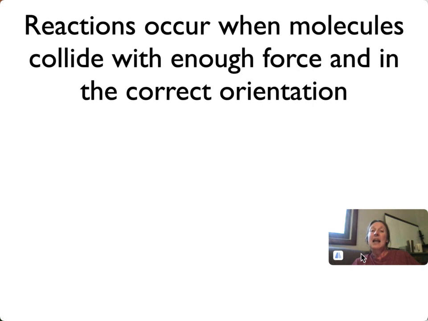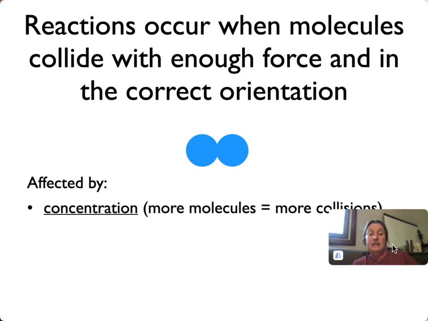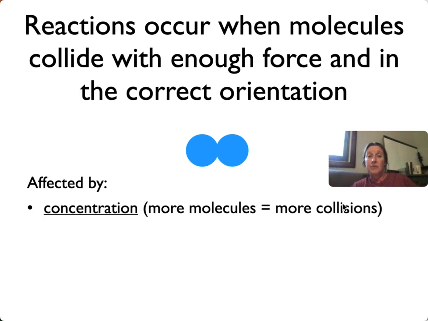Now, chemical reactions in general occur whenever two molecules collide with enough force and in the correct orientation to form a bond. That means that there are several things that can influence how fast a reaction occurs. Reaction rates are affected by the concentration of our reactants.